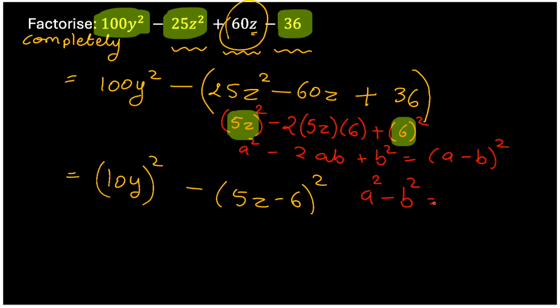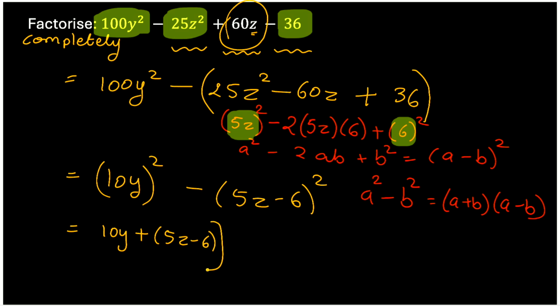In one bracket you add, in one bracket you subtract. So a plus b, a minus b. So here, 10y plus 5z minus 6 in one bracket, addition, and in the other bracket, subtraction.